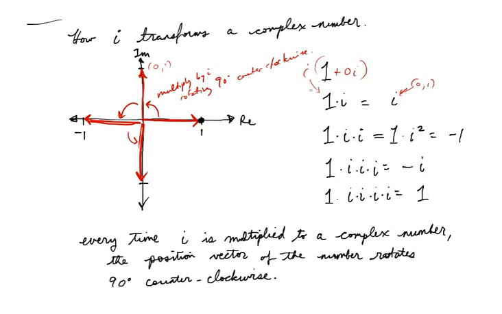It doesn't really change the length unless I multiply by another complex number with a real part and an imaginary part. But since I'm just multiplying by an imaginary part of 1, this is what is happening. Very interesting how i affects a complex number. This might be useful for some questions that are in the textbook. All right.